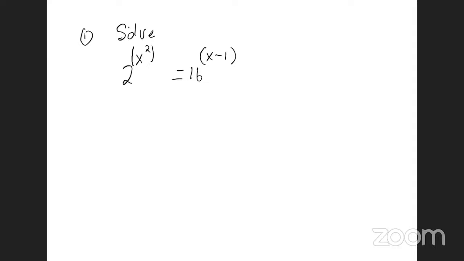Take your time, convert them to the same base and work it out, right? Anybody confused with this? Convert 16 to the same base and multiply it out properly.